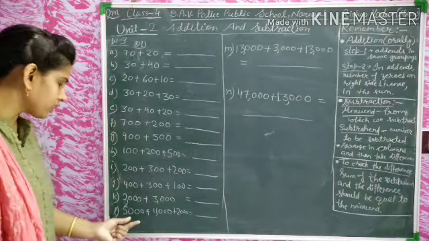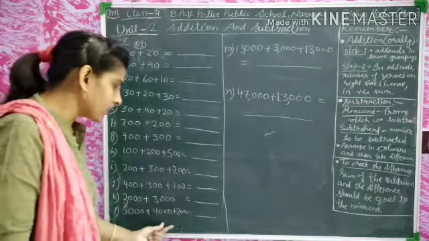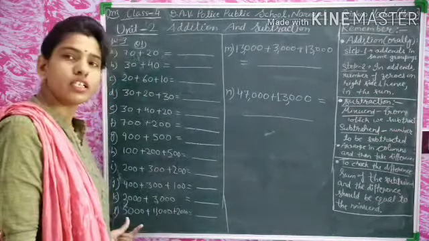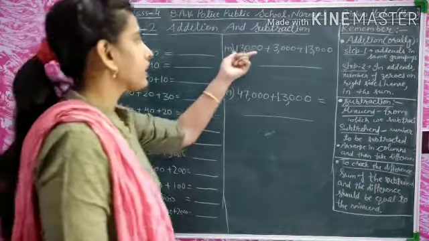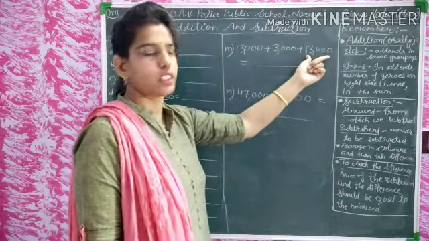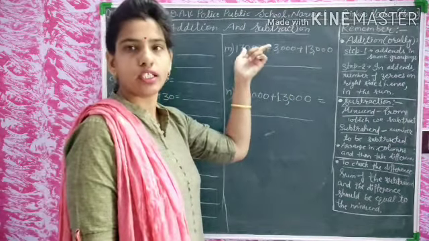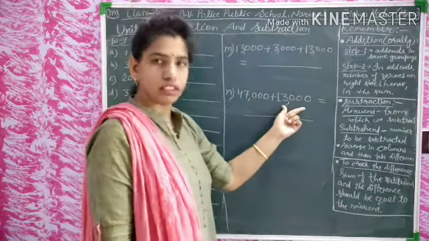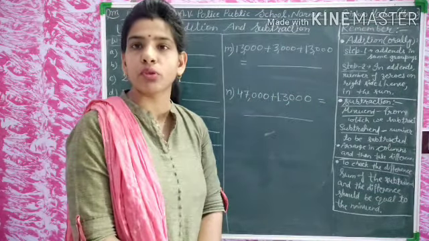Is it clear, students? And 5000, 11,000, 2000 are also in the same groupings. These are in the thousands group. And here, 13,000, 3,000 and 13,000 are also in the thousands group. Same group is there. 47,000, 13,000 is also in the same grouping.